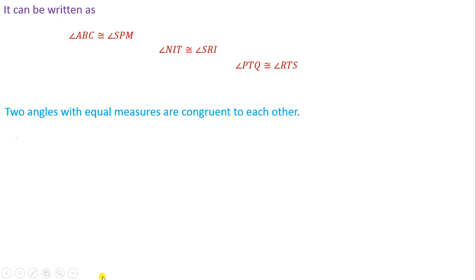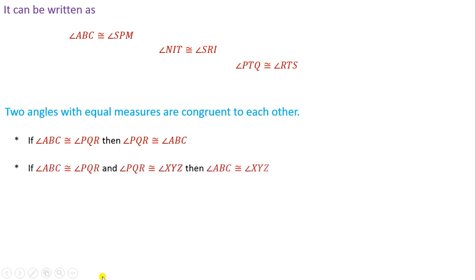First one is, if angle ABC is congruent to angle PQR, then angle PQR is congruent to angle ABC. And the other one is, if angle ABC is congruent to angle PQR and angle PQR is congruent to angle XYZ, then angle ABC is congruent to angle XYZ.